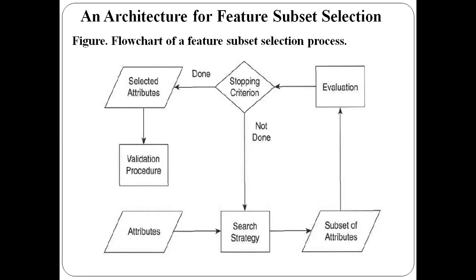For example, I can choose three features in the first data set, in the second data set I can have four features, and in the third data set I can have three features. On each of these subsets, I will run the algorithm. After running the algorithm, I get the results and compare them with each other, and I will choose the subset of features which gives me the best result.